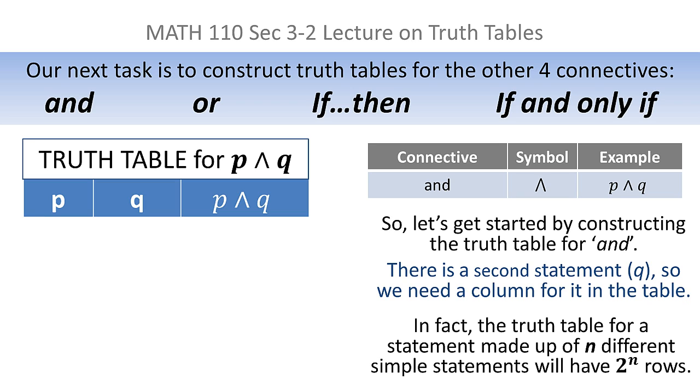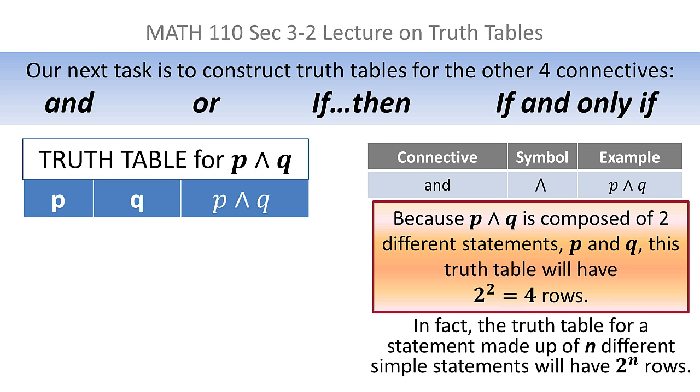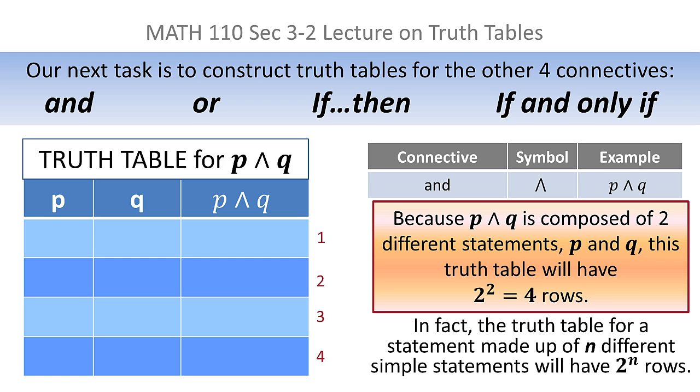This time we have a P and a Q, so a truth table for a statement with two different simple statements will have 2 to the second, which is 4 rows. So I know already that my truth table will have 1, 2, 3, 4 rows.